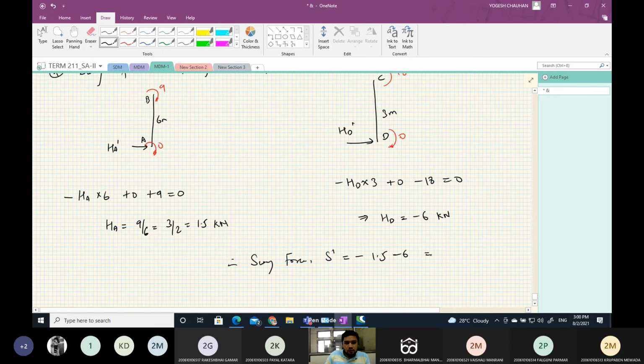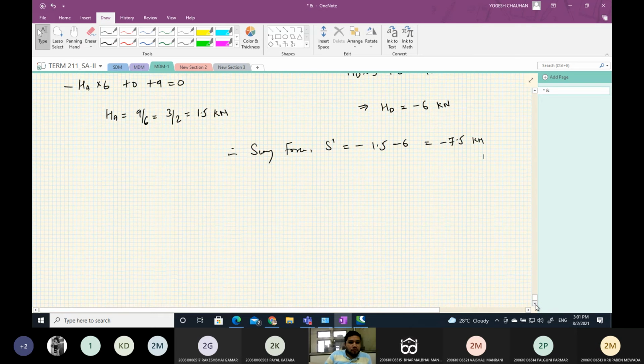Actually this will be S plus 1.5, and this will be equal to minus 6. So this will be minus 7.5, and then you can do the sway correction.